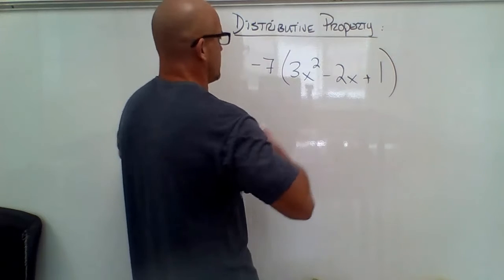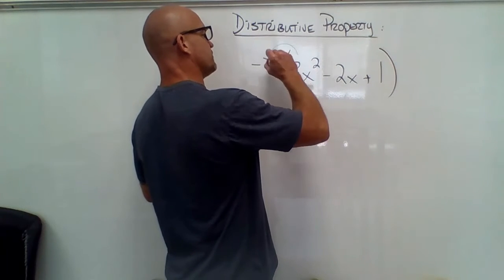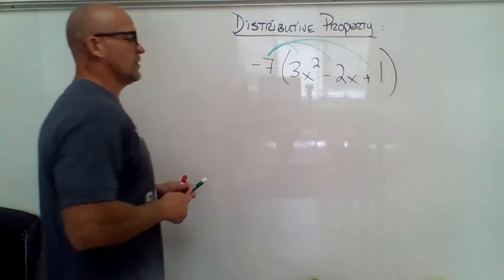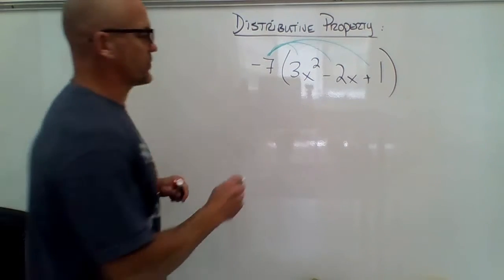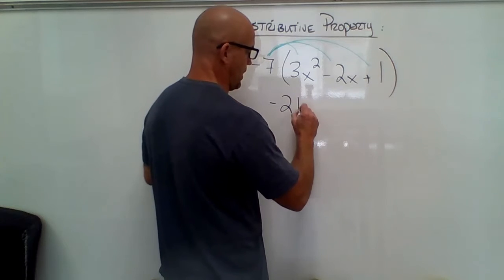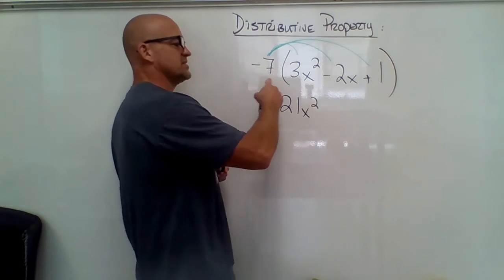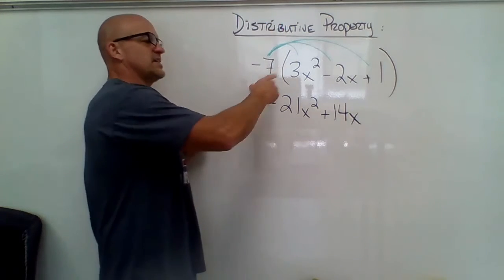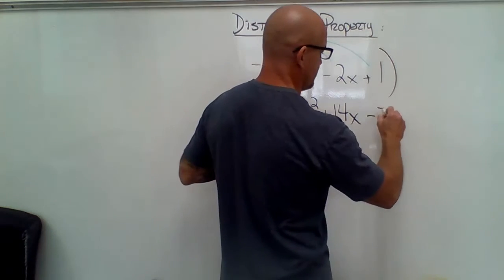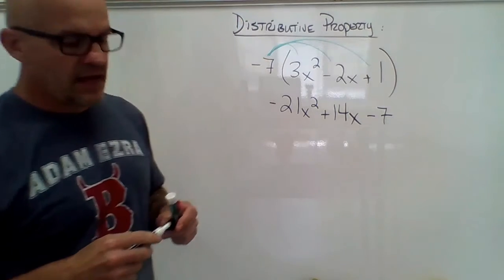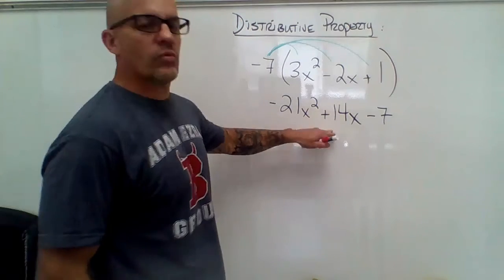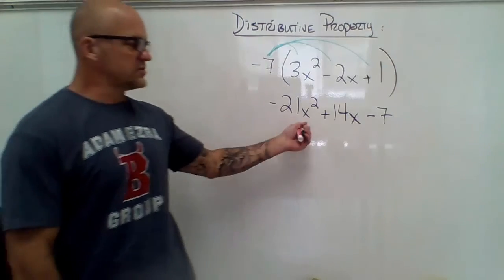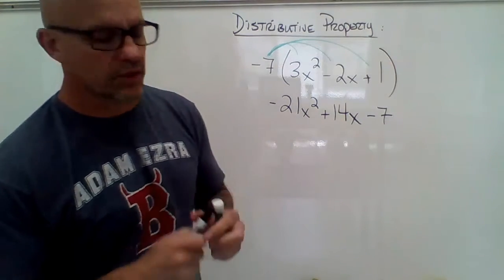I can do my multiplication first as long as I distribute it to everything in there. Negative 7 times 3x squared is negative 21x squared. Negative 7 times negative 2x is positive 14x. And negative 7 times 1 is negative 7. Easy peasy. If everything started in standard form, it would wind up in standard form, but always double check. The degrees are 2, 1, 0, so we're good to go.